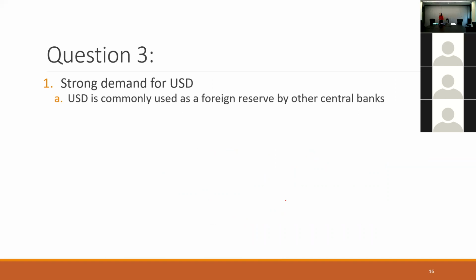If we recall from the dollar-based gold exchange regime, under this regime, other countries peg their currencies against the US and they hold the USD as a foreign reserve, right? So as they demand the USD to hold as a foreign reserve, they are buying the USD, so they are creating a demand for USD.